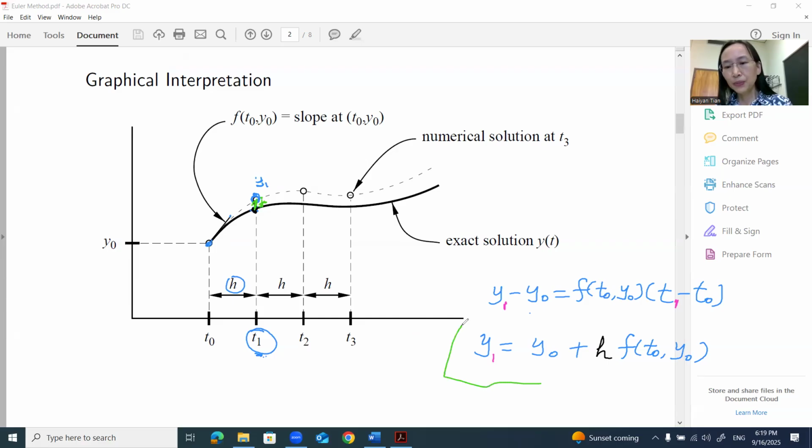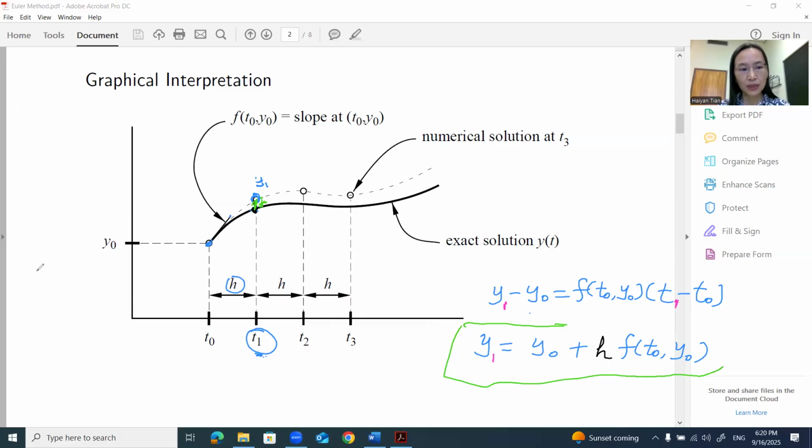But we have already applied one step of Euler's algorithm to calculate the next node. If we continue this pattern, then we can generate y2 using y1.